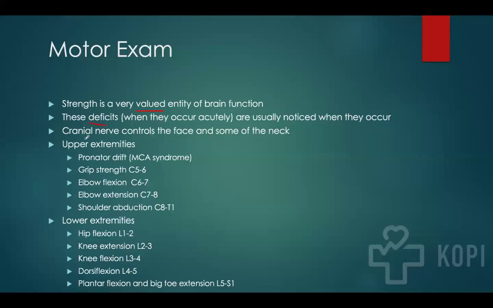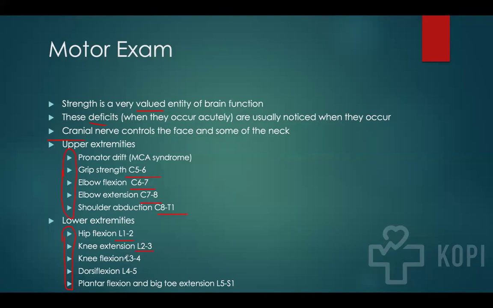We talked a little bit about the cranial nerves. For the upper extremities, I don't do more than these things. These things just control my pretest probability about spinal etiologies. They correlate with specific areas on the actual cervical spine as well as the lumbar spine.